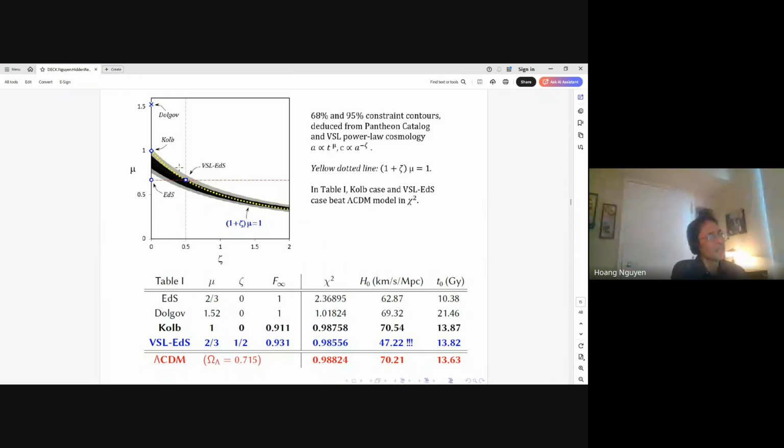Even though the Kolb case also satisfies the synchronous relation, right? Because in that case zeta equals 0, and mu equals 1, zeta equals 0, so also satisfied. So every point along this line satisfies this condition.